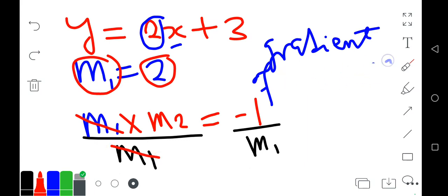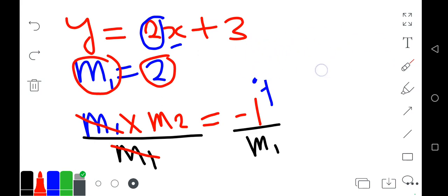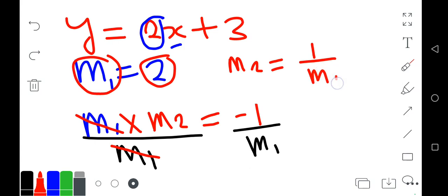So therefore, I'm going to say m2 is equal to -1 over m1. And this is now going to give you -1 over, we know that m1 is this 2, over 2.